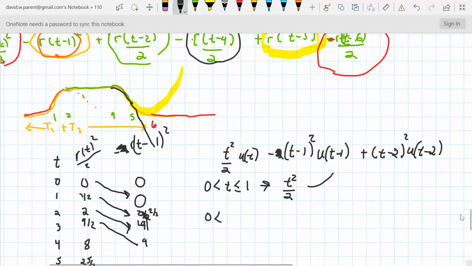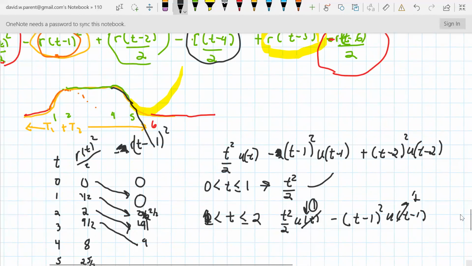Between 1 and the next value, which is 2, I still have this, but that's 1, so I can kind of get rid of it. Then I have minus (t minus 1) squared u(t minus 1), but because of our time frame, that's 1.